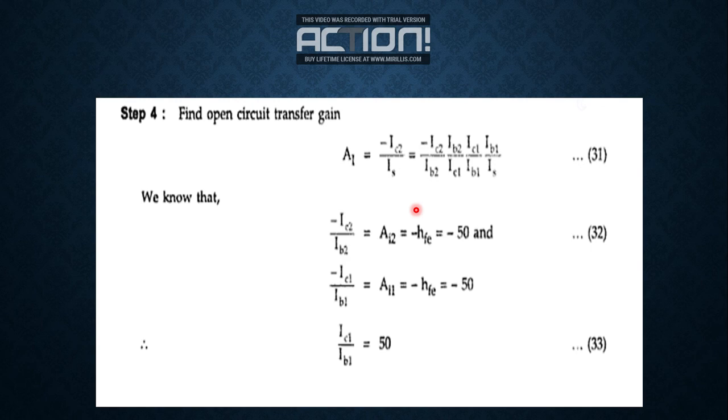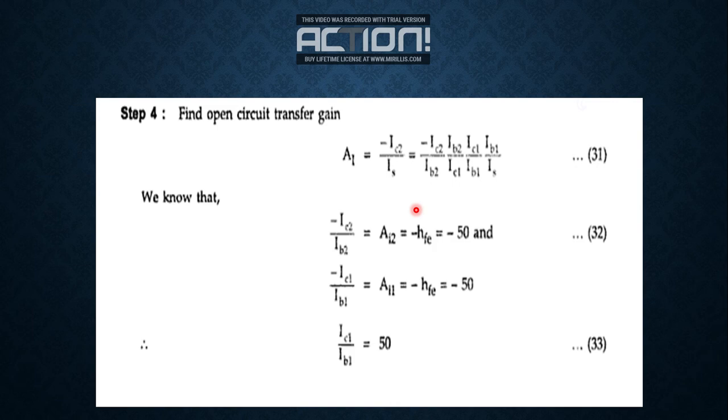If you have an unknown value to find an unknown value, then you have to make that unknown value into a known value. For that, you can use the voltage divider law, Kirchhoff's voltage rule, Kirchhoff's current rule, Thevenin's theorem, Norton's theorem, whatever we can use. That is up to our desire, but we have to clearly understand this concept.